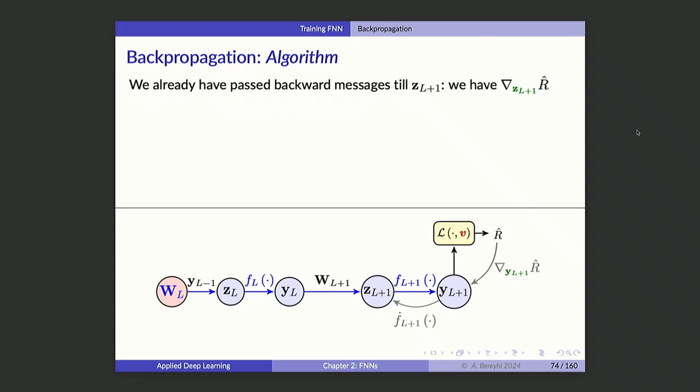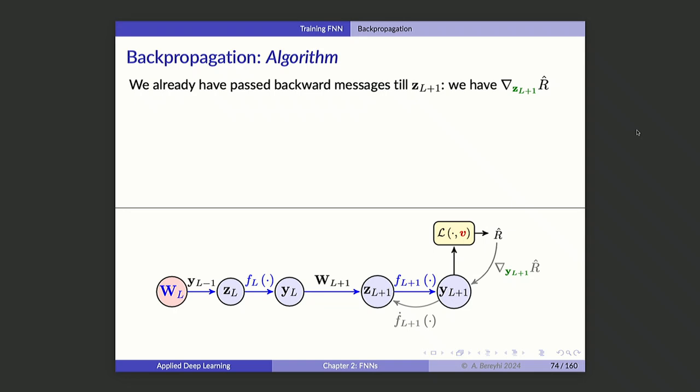When I wanted to compute the gradient with respect to WL plus 1, I already did the backward pass to YL plus 1, ZL plus 1, right? Now, the next thing is that I get from this ZL plus 1 to YL. Again, you look at it the same way as here. So say that I have YL here, and then I have ZL plus 1 here.